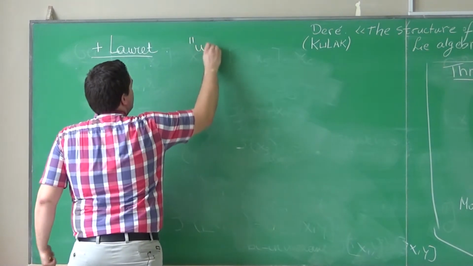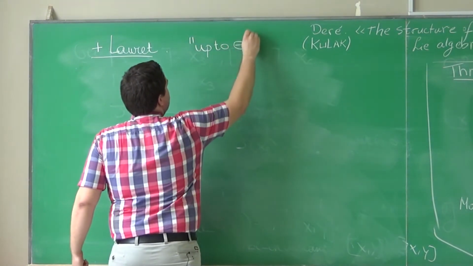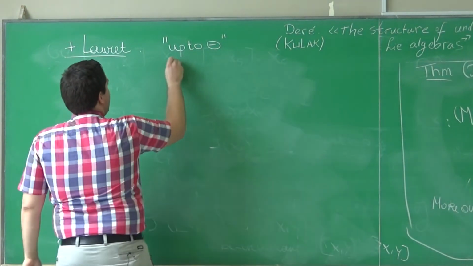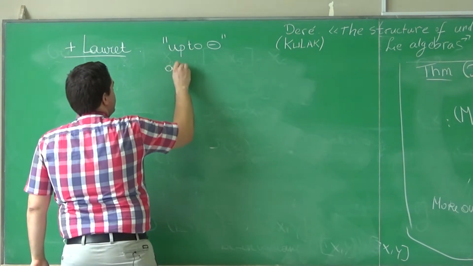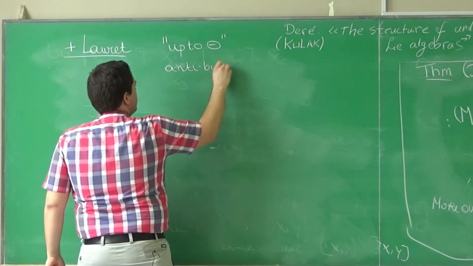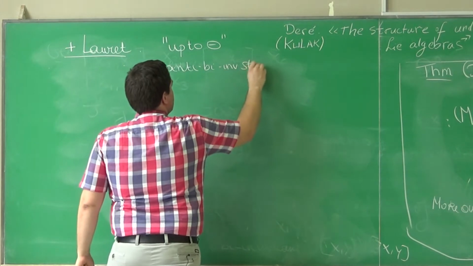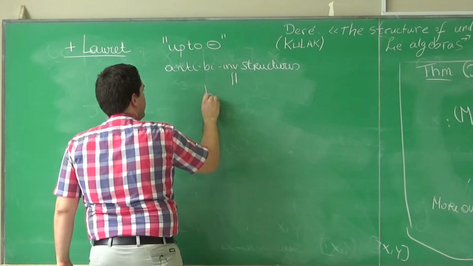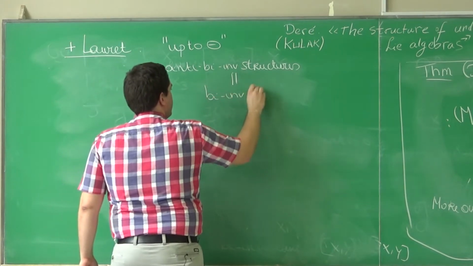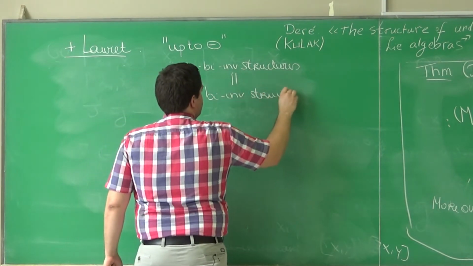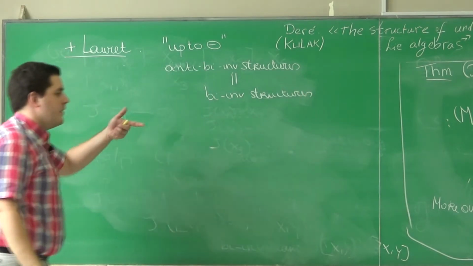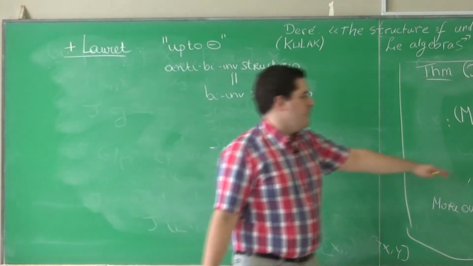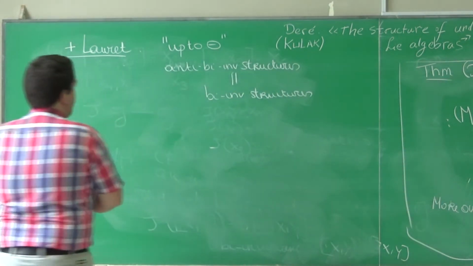But up to the minus, and there's a very good way of introducing the minus, the anti-bi-invariant structures are exactly the bi-invariant structures, at least on these two-step nilpotent Lie algebras. So from now on, I will always work on nilmanifolds of nilpotency class 2.